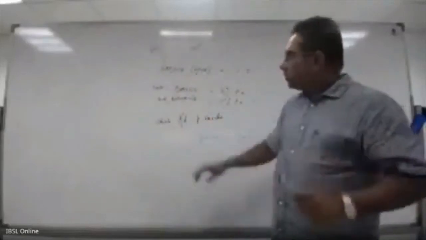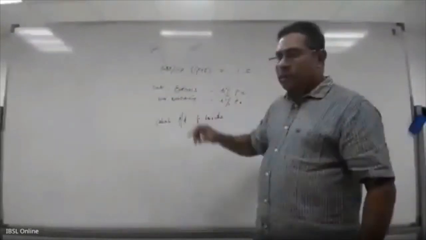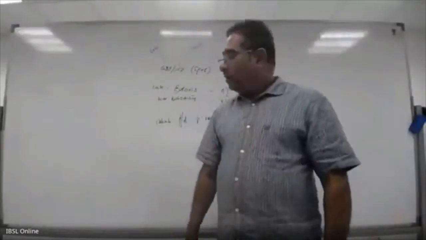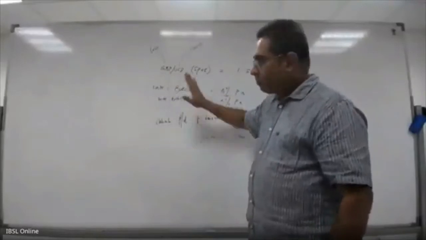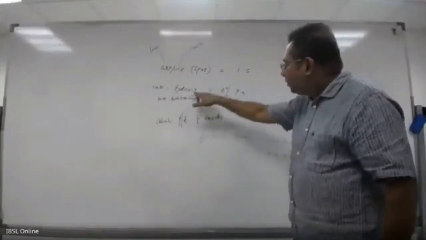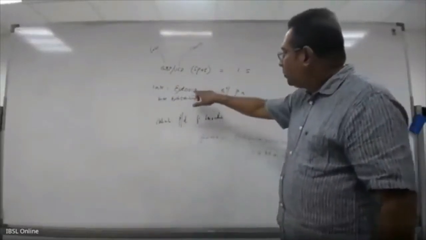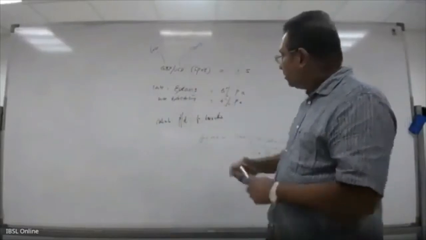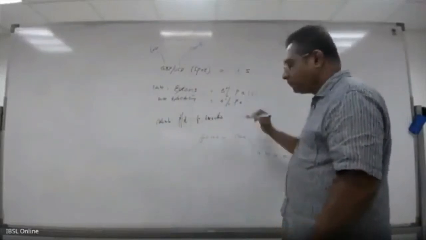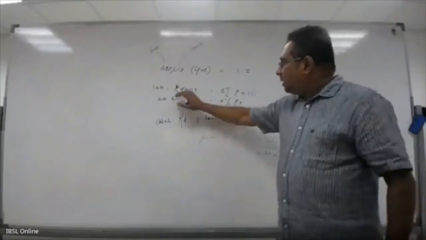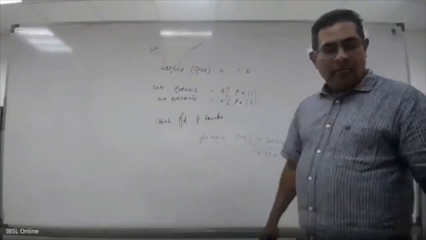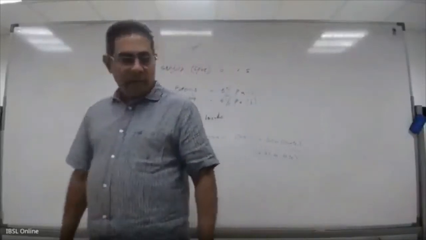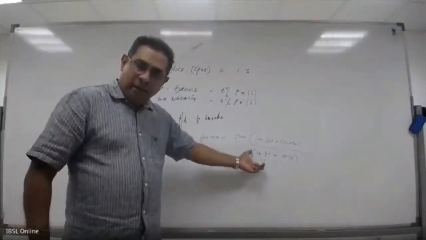In certain textbooks, the counter currency is stated as the quoted currency. Now here, USD is 6% per annum, so USD is the counter. Sterling is the base. So the base currency is sterling.